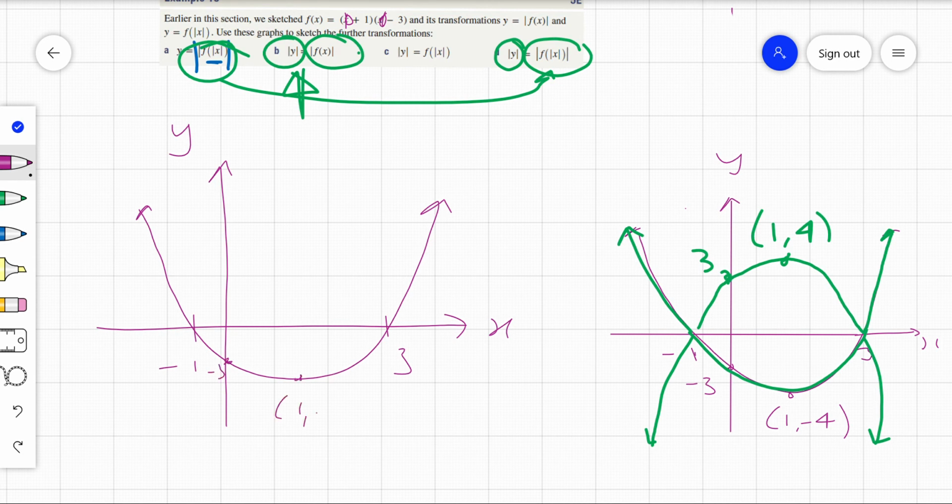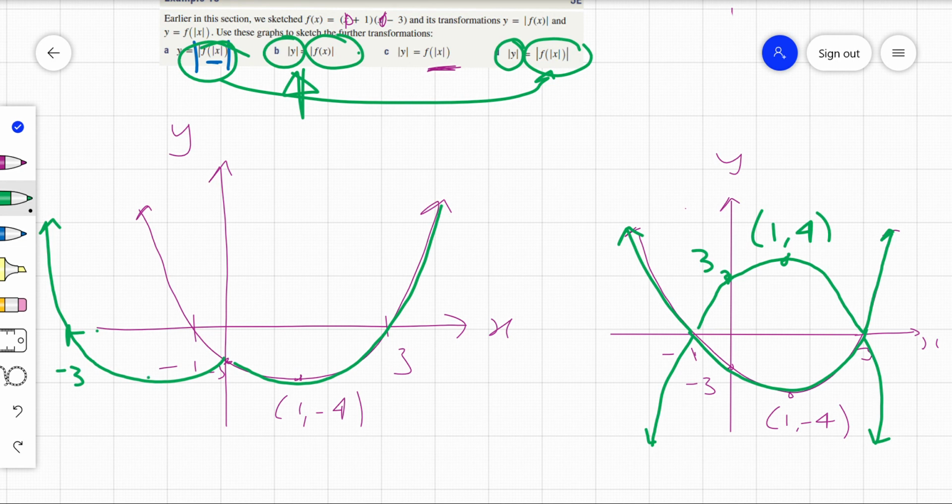And this was 1, minus 4. First of all, if I look at just this right-hand side, I want f of the absolute value of x. That's this part, because that's where x is positive, and then it's the reflection of that part. So here it's going to cross at minus 3. This is going to be minus 1, minus 4.